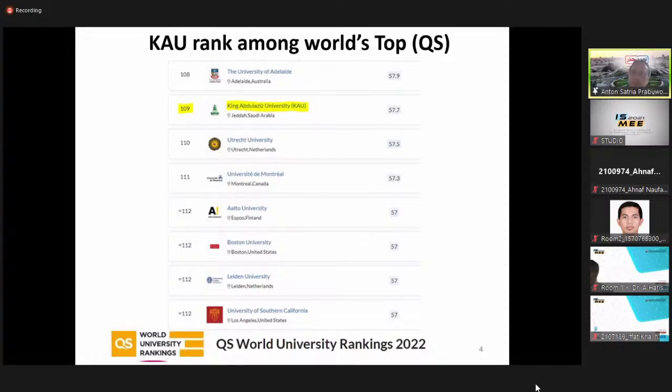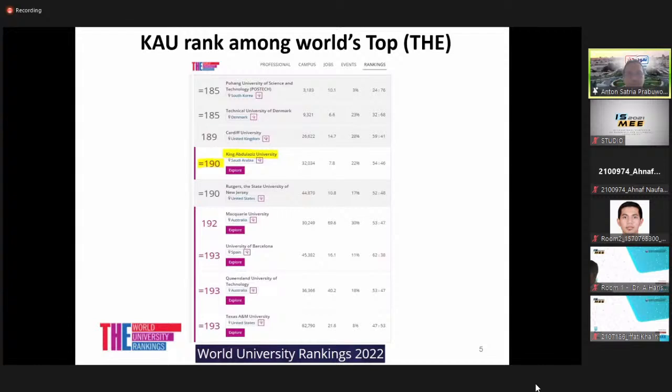Just to introduce, because maybe some of you are not familiar with King Abdulaziz University, this is in QS, and in Times Higher Education, KAU ranks 190, so in the top 200.